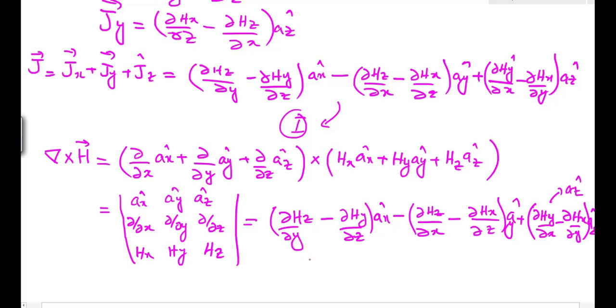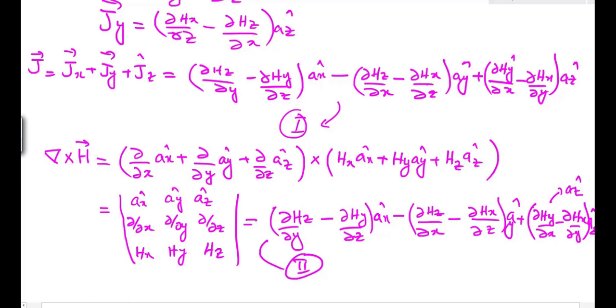So now if you look at expression number 1 and this expression number 2, which is the cross product with the magnetic field intensity, they are exactly the same.